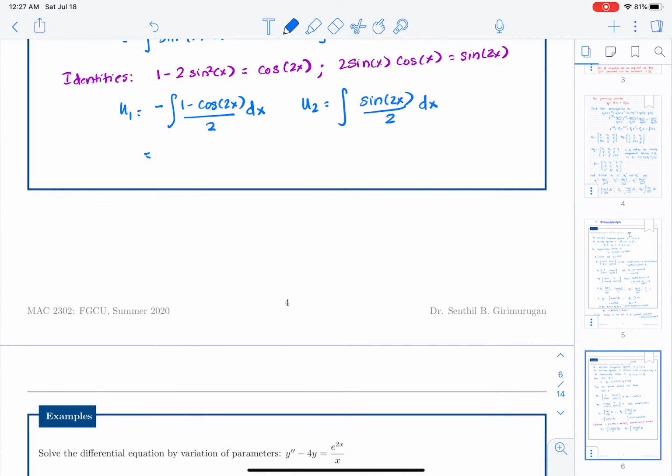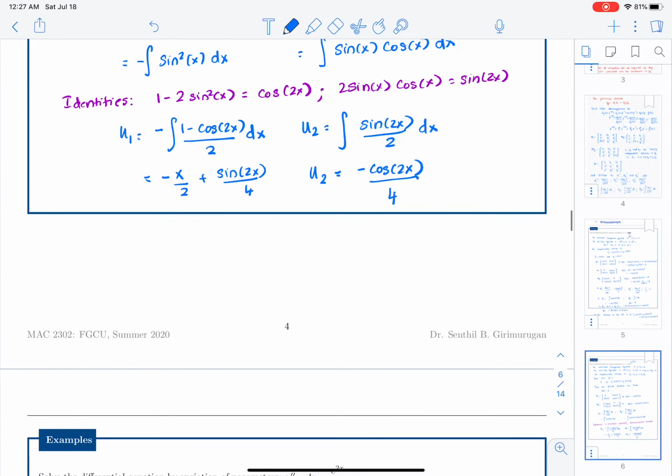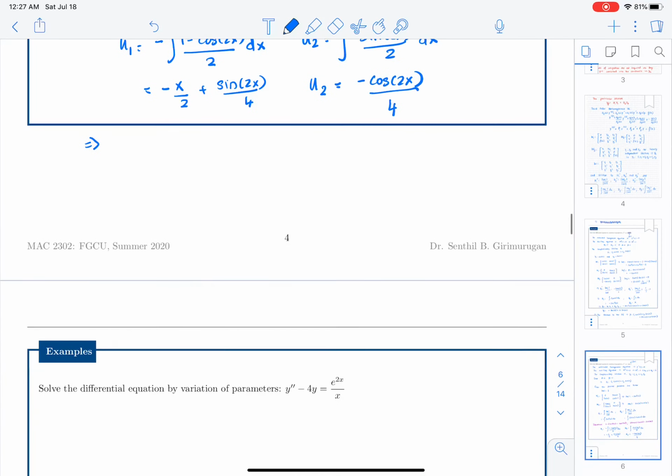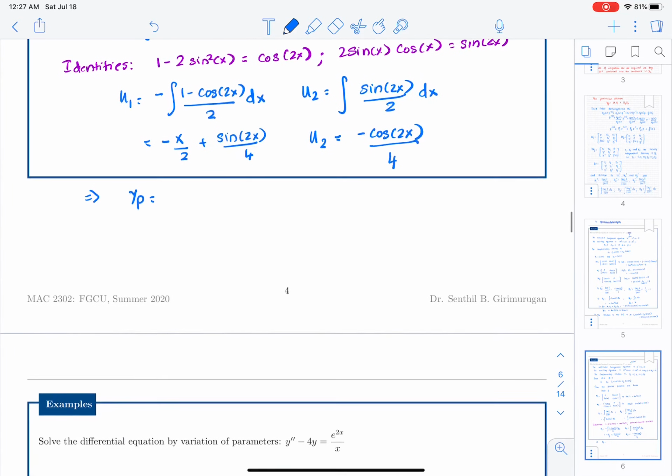We will get negative x over 2 plus sine 2x over 4 for u1, and u2 would be negative cosine 2x over 4. So the particular solution, yp, is u1 y1. We know what y1 is. It is cosine x.